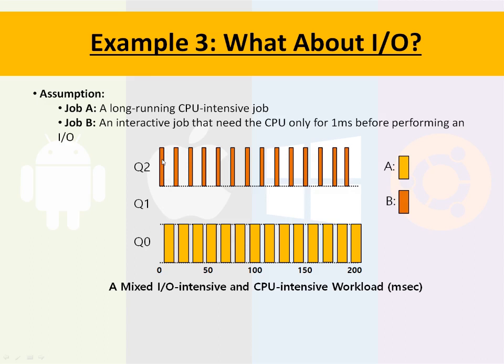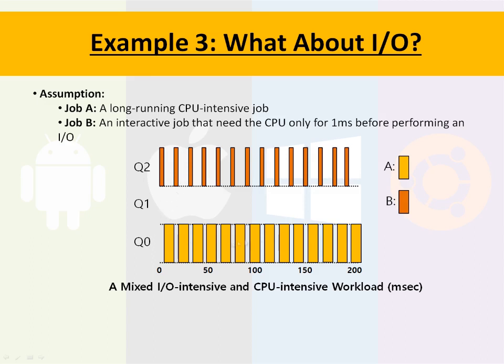Then you can note that our job B stays in this Q2 priority, and that's simply because of the rule: if the job actively gives up the CPU based on input-output, we won't change its priority. So that's why job B sits at the top here the whole time, because it's actively giving up the CPU.